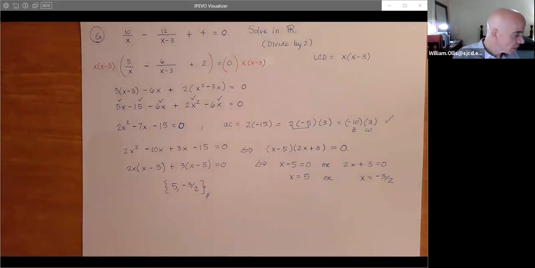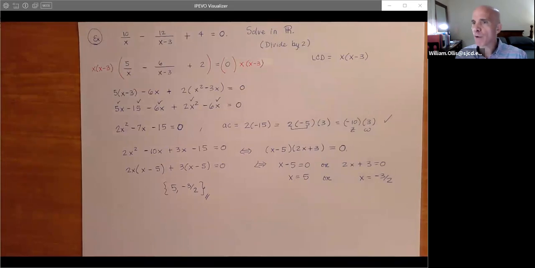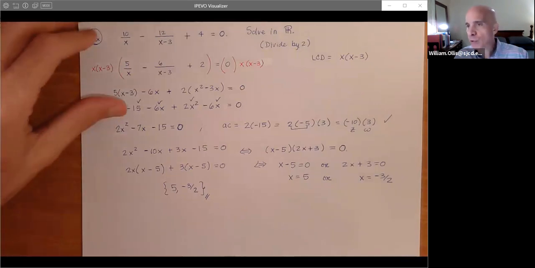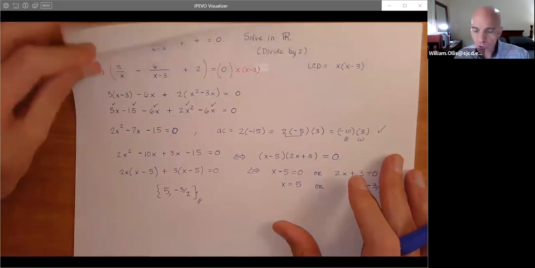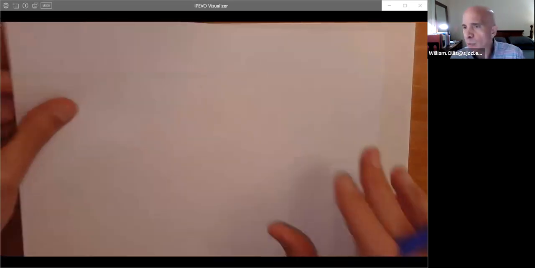Now, what I wanted to do was do a couple of examples that deal with types of equations that might be a little bit off the beaten path. Sometimes you're working equations that have radicals in them. Sometimes you work equations that have fractional exponents in them. And you're thinking, well, what do I do here? Well, you do whatever you can.